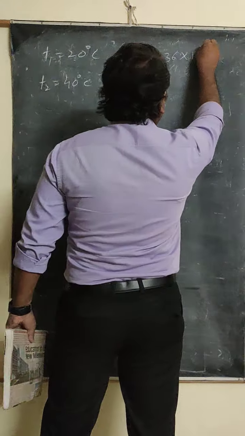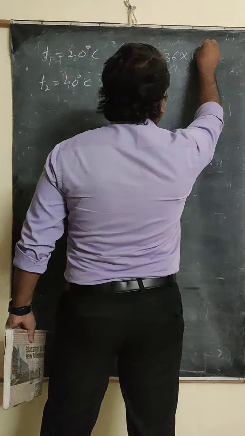The gamma value is given, but the formula needs the alpha value: half into alpha into delta T. But what is given in the problem is gamma. So how can we find the alpha value? We know that gamma is equal to 3 alpha.